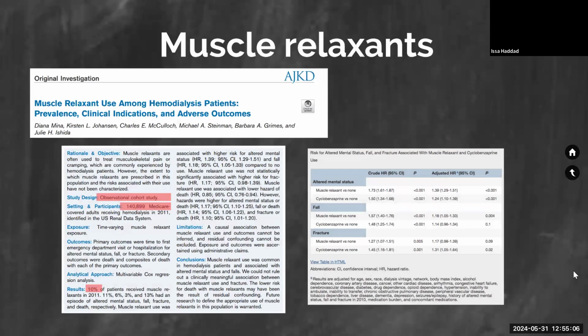And really, they found that almost 10% of hemodialysis patients are on some sort of muscle relaxant. And they found in the adjusted hazard ratio that there was higher risk of altered mental status, falls, and fractures. Maybe here was the only time in cyclobenzaprine that they didn't find a significant relation.